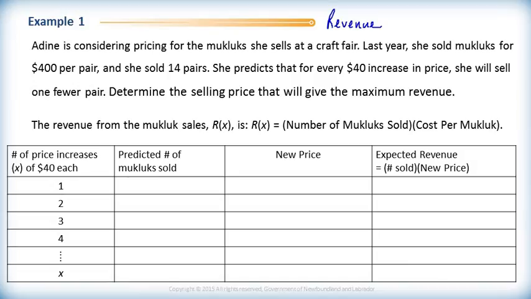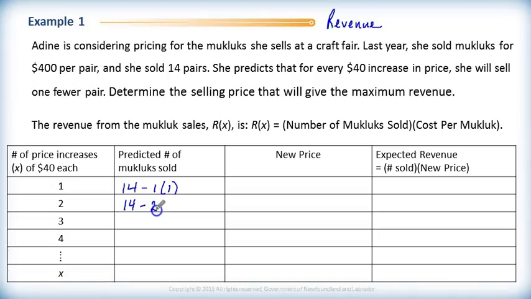Set up a table here to help us understand the problem. Let's say I had one price increase of $40. With one price increase, she would sell one fewer pair. So it'd be 14 minus 1 times 1, or 13 pairs that she would sell.